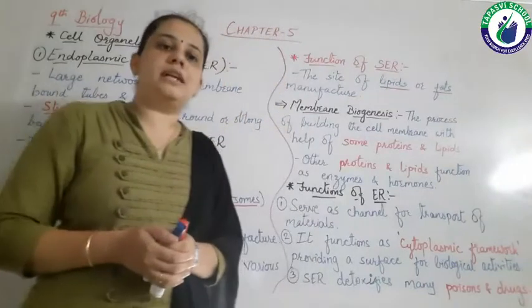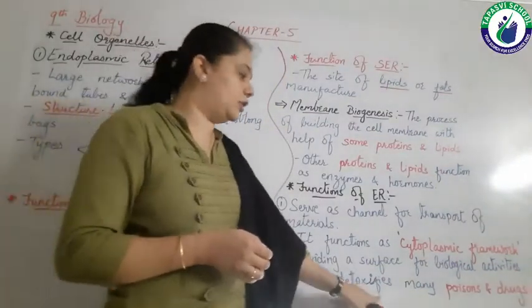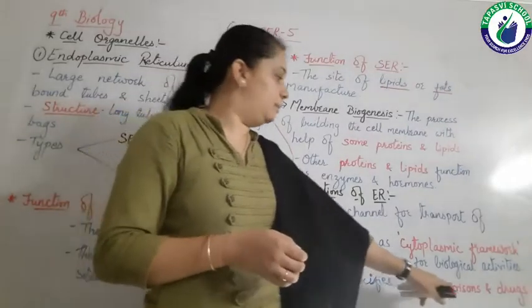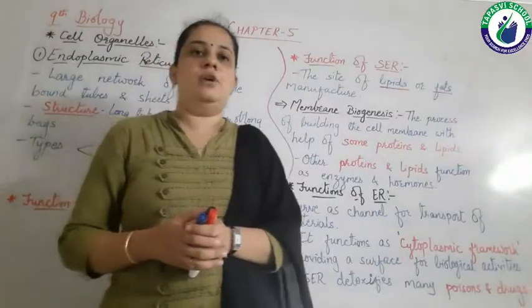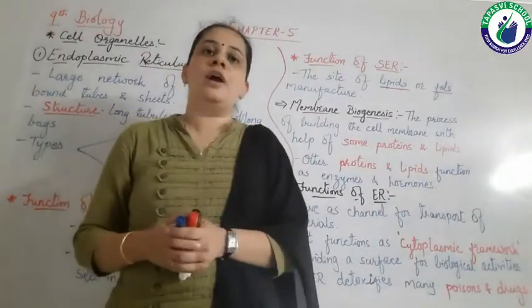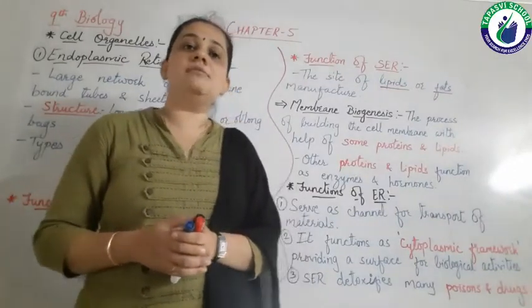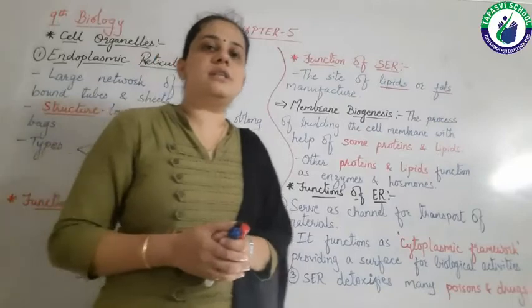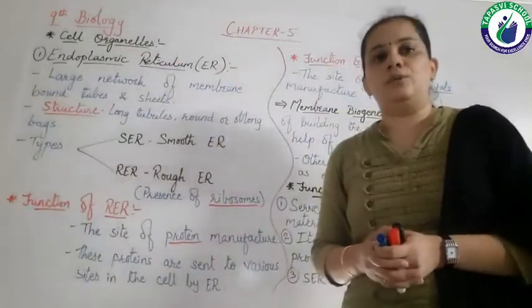So in vertebrates, this smooth endoplasmic reticulum detoxifies: when poisons and drugs enter the liver cell of our body, it detoxifies the effect of poisons and drugs in our body. So this is all about the endoplasmic reticulum.